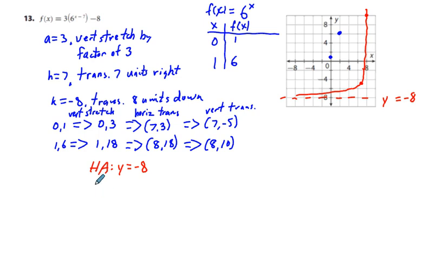Reference points. 0, comma 1 becomes 7, comma, -5. And 1, comma, 6 becomes 8, comma, 10.